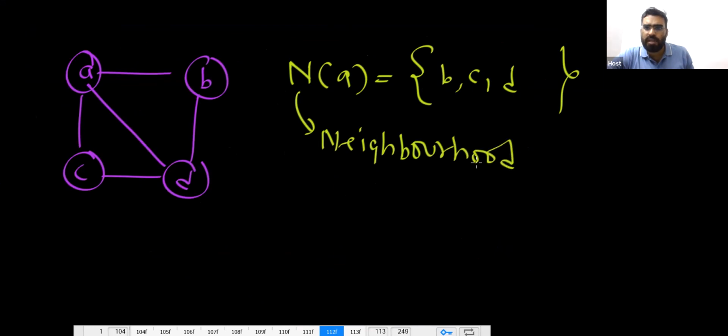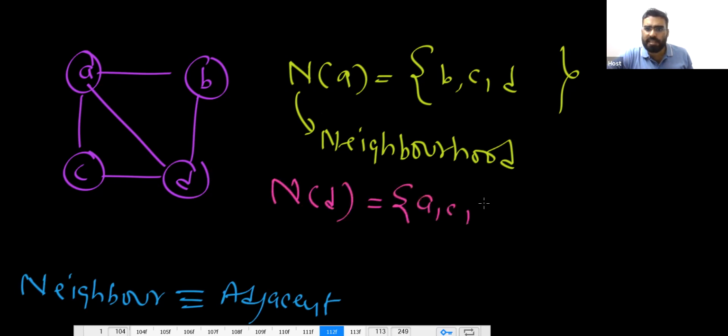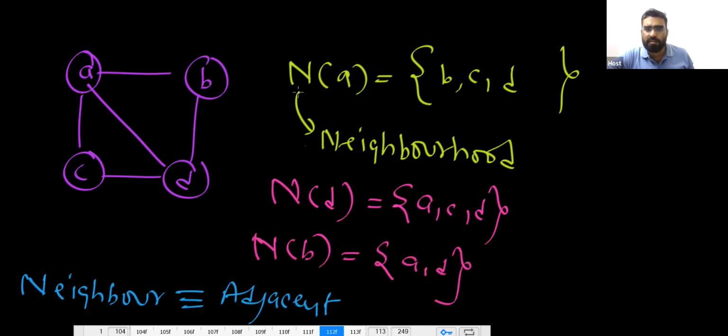Neighborhood means all the adjacents. Remember, neighbor simply means adjacent. The neighborhood of D will be A, C, B. The neighborhood of B will be A, D.